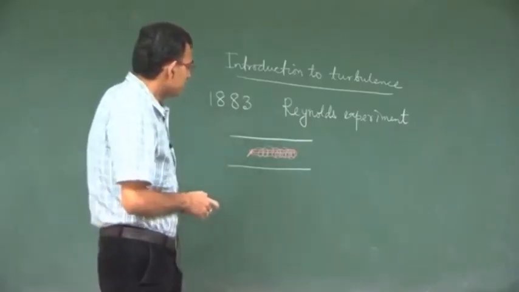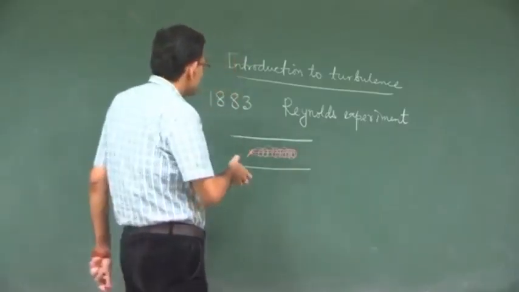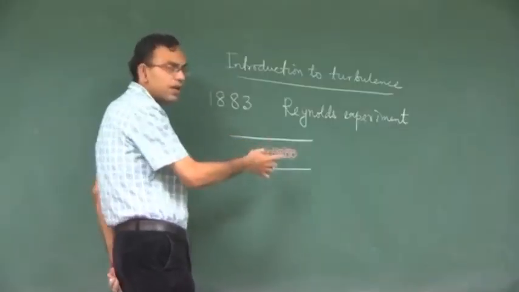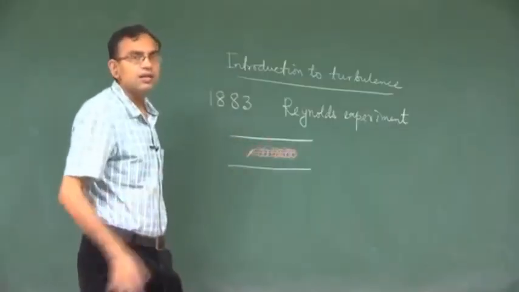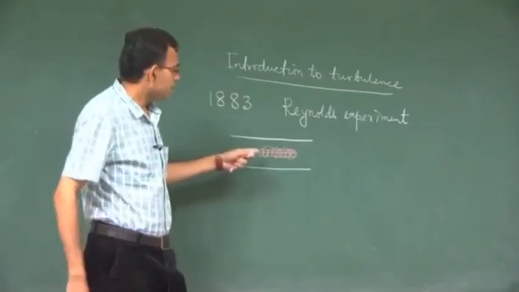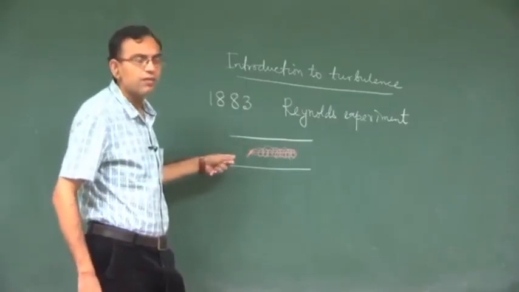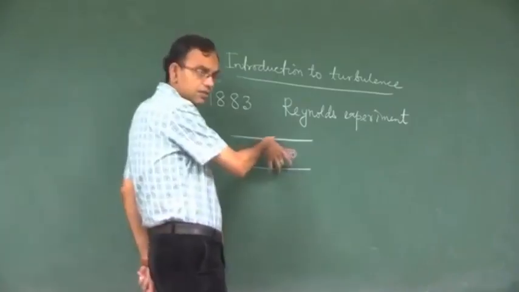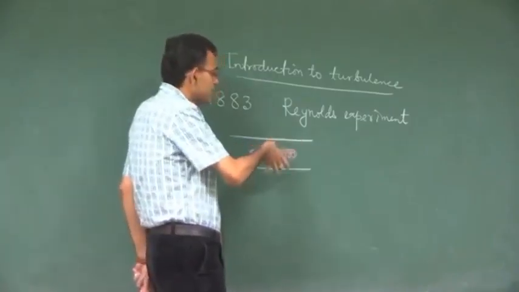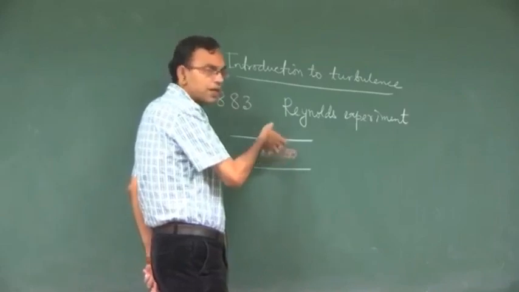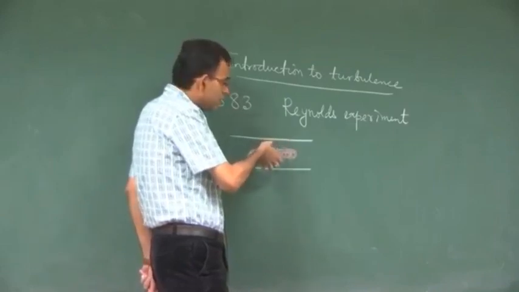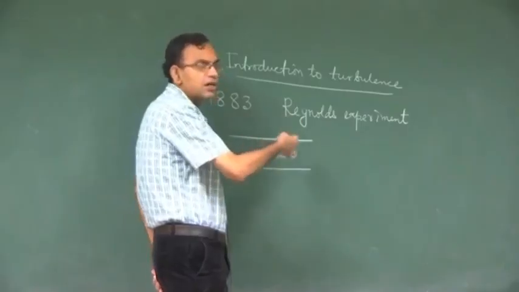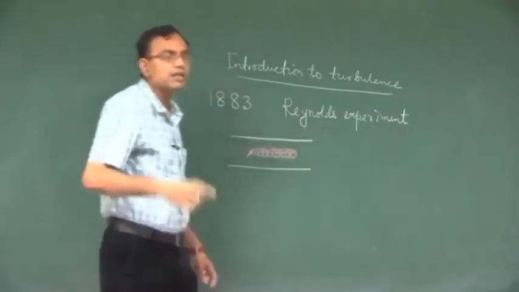So, the question was that if you have a fixed diameter, this transition to turbulence occurs only for a fixed flow rate for a given viscosity, but if you change the diameter, the fluid property, or the flow velocity, you will see that the transition occurs under different conditions.